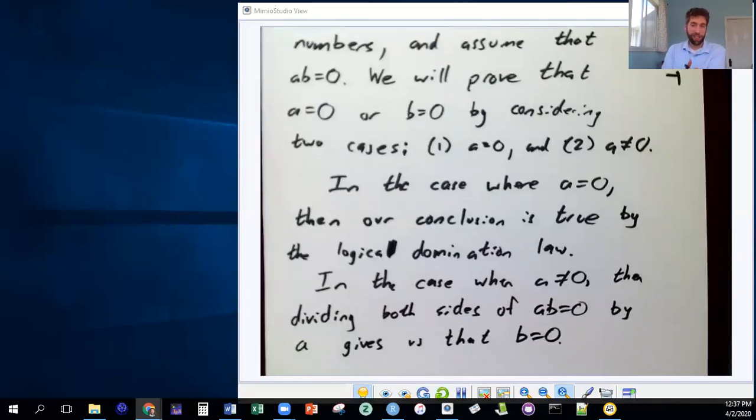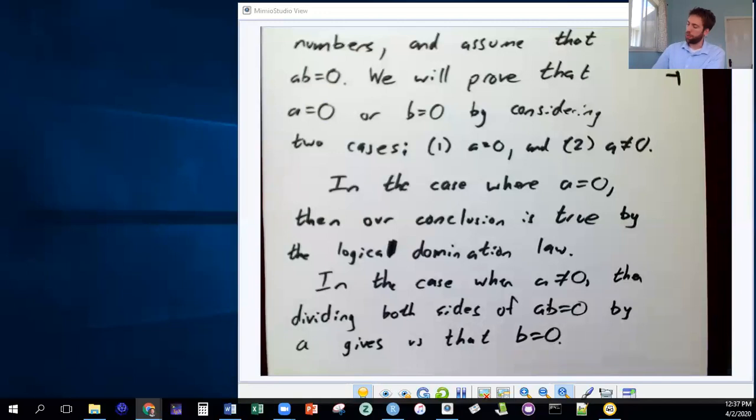And we can divide by A because it's not equal to 0. Maybe I should have said that. It's one of those things where you gotta know your reader. I'm intending them to know algebra, assuming high school level algebra knowledge of my reader, which is very fine. So because A is not equal to 0, I can divide by it, whereas if A equals 0, I can't divide by it.